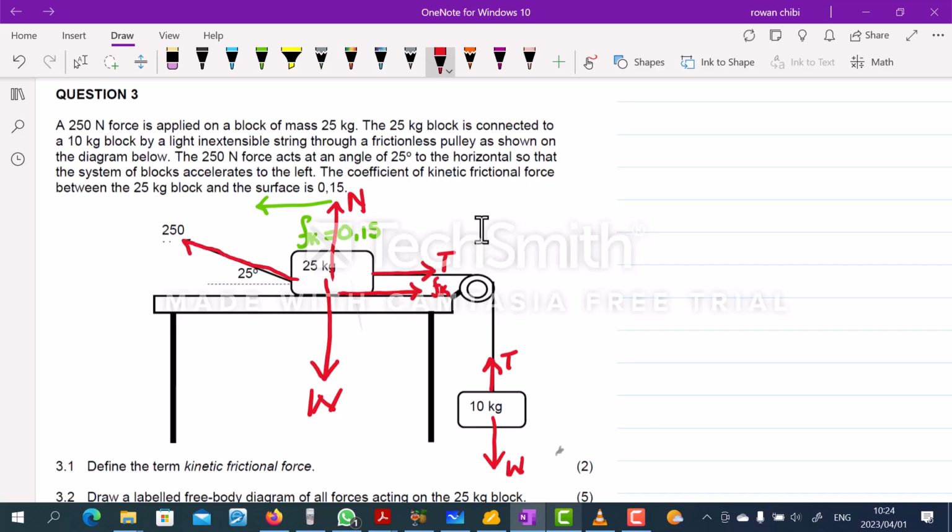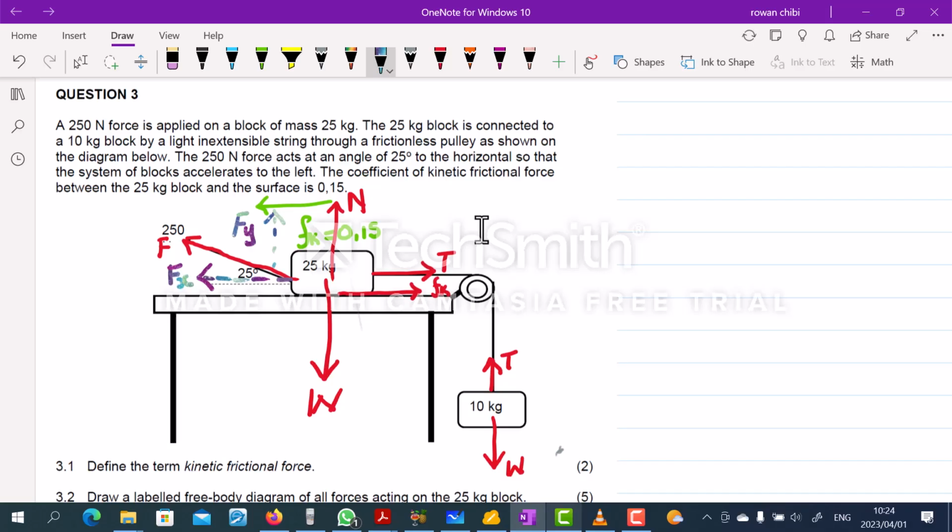Then we have this diagonal force, which is 250 Newton. I call that the applied force. What we know about the applied force is that it has two components: F of y, which is vertical, and F of x, which is horizontal.